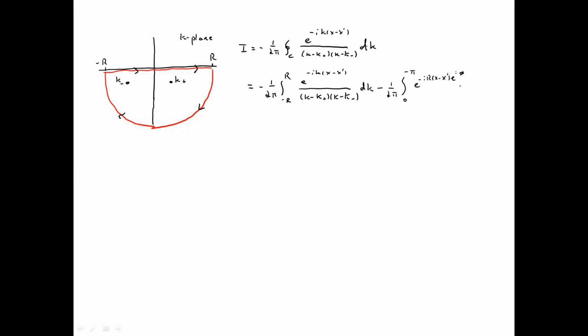And then we have i r e to the i phi. This comes from transitioning the dk over into the d phi. And then this will be (r e to the i phi minus k plus)(r e to the i phi minus k minus). And all of that is now integrated over d phi. So this is just the integration along this half circle portion of the path, okay?